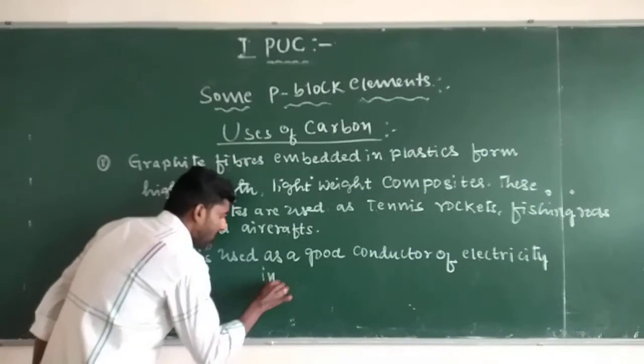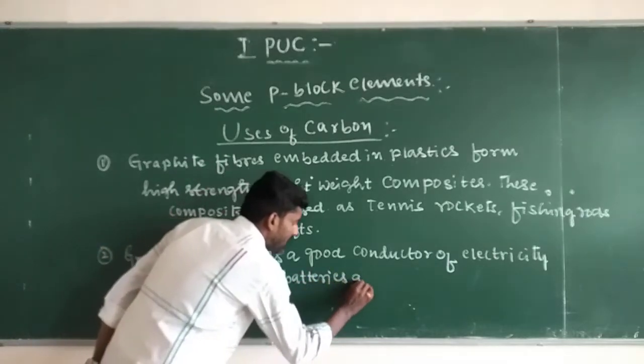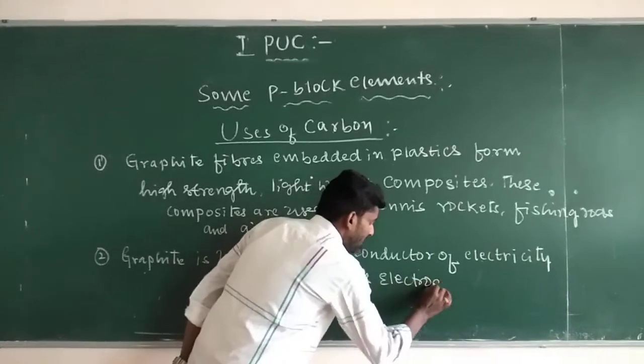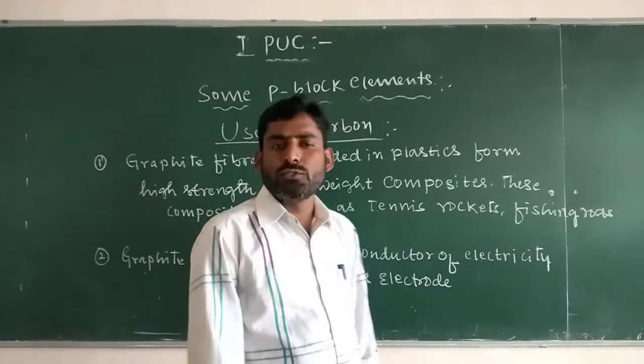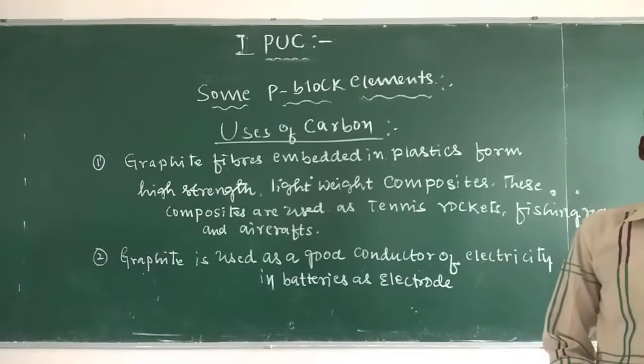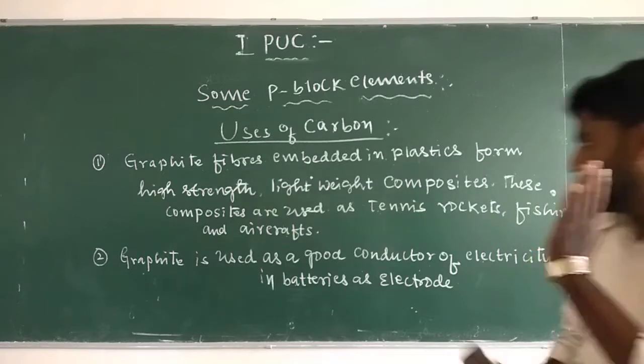So that is, graphite is used as an electrode in batteries because of its good conductivity.